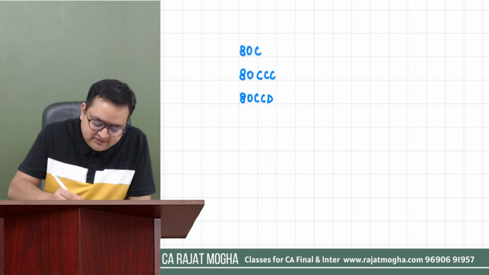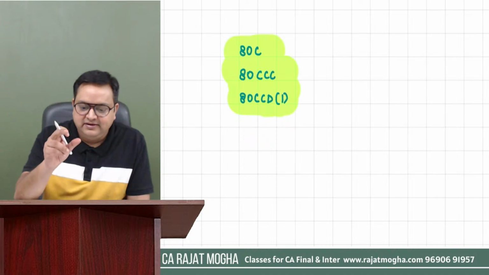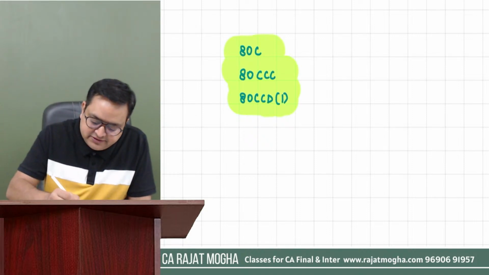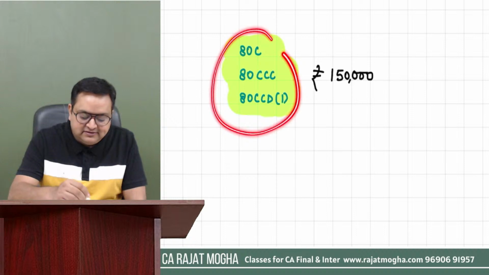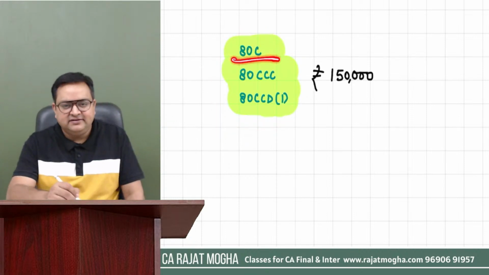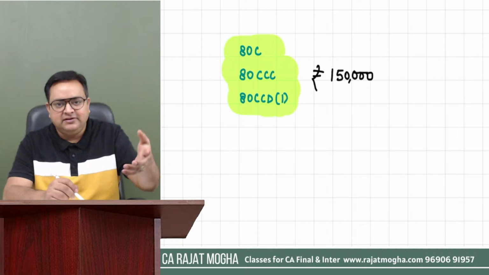So in 80CCD(1), the total deductions in these three sections cannot go more than 1,50,000. The aggregate of all these three, the entire 80C, which has some 18, 19, 20 types of investments, cannot exceed that.